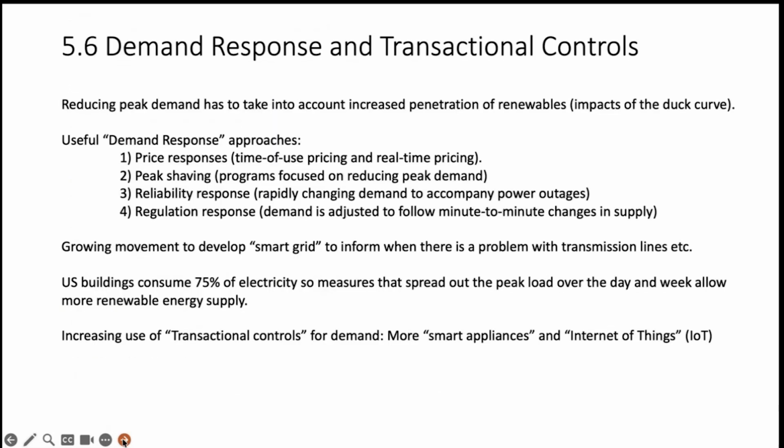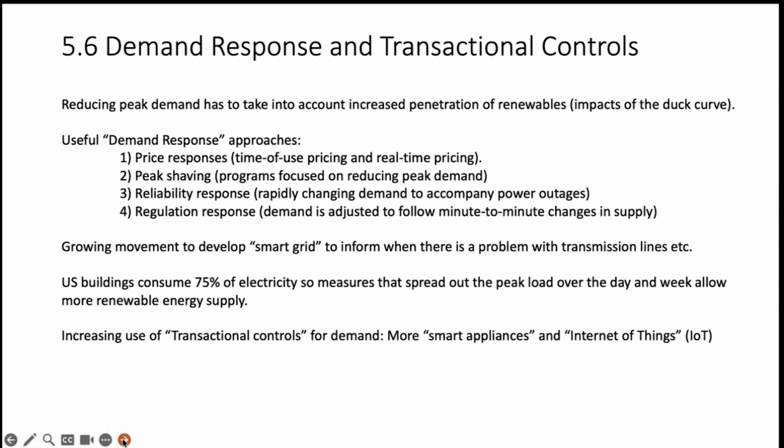Then your book goes into demand response and transactional controls. So one way to deal with more renewables is to be able to reduce peak demand. So there are a number of useful demand response approaches, and this maybe relates more to efficiency, what we talked about previously with energy efficiency and decreasing demand.